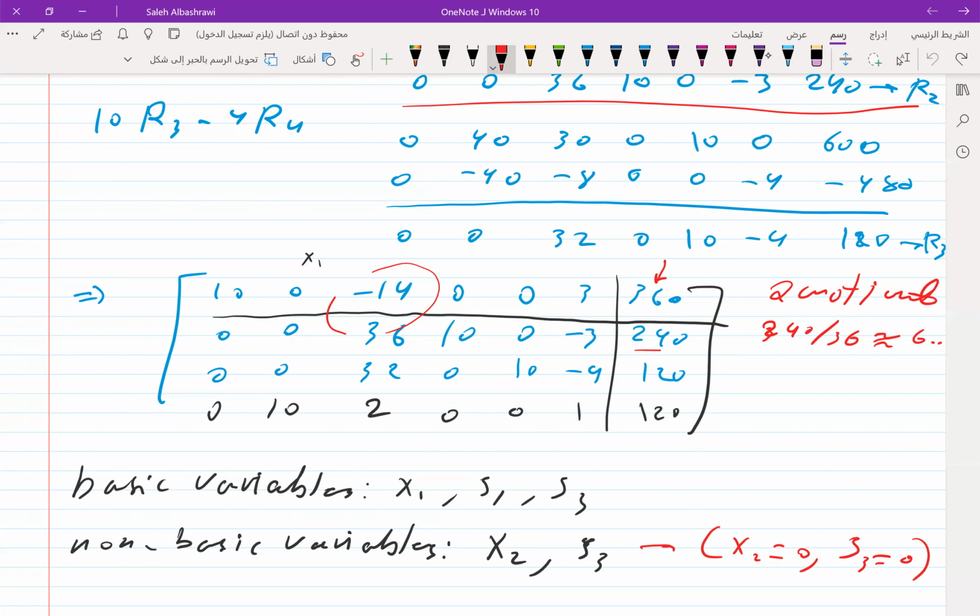Second one, 120 divided by 32, about 3, almost 4. It is less than 4. And the last one, 120 divided by 2, equals 60. So we are choosing the minimum one. The minimum one is this one. So it means 32 will be my pivot here, 32.